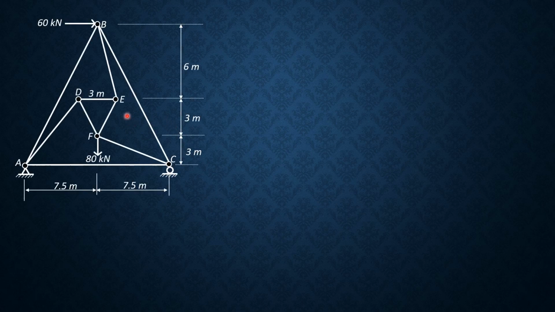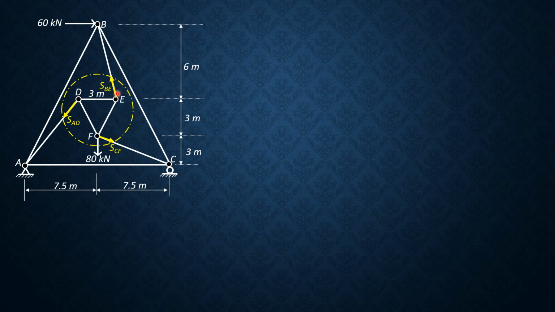So for this method, this is the figure. Let's cut these three members here with a circular section so that three unknown members will be involved. And the 80 kilonewton force is also involved. It is inside this section.